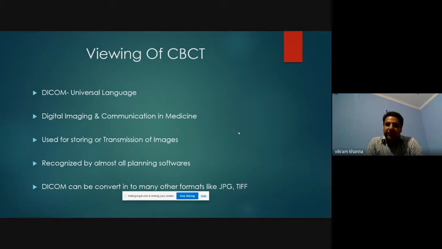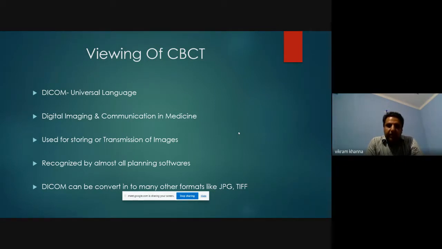You can transfer, store, and visualize all the images in DICOM only. The majority of third-party software are compliant with DICOM systems only. There are other systems also present, like PACS, which is picture archiving and communication.